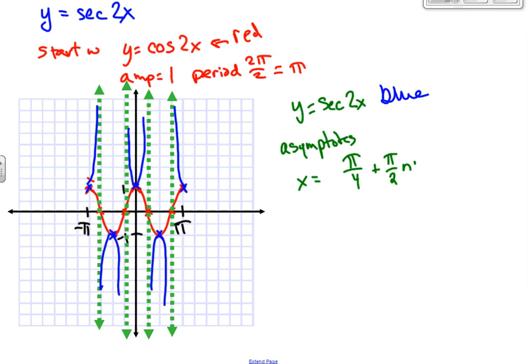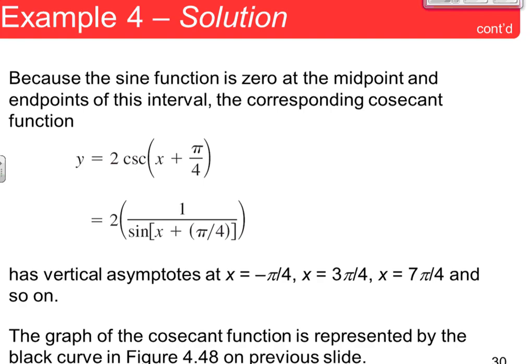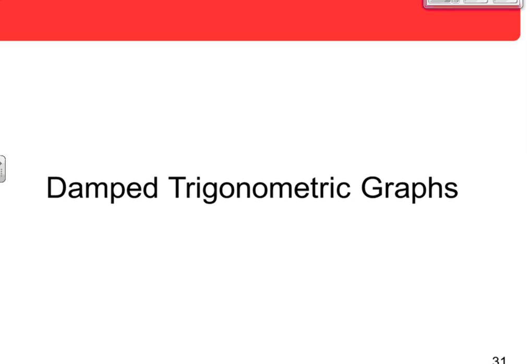Now we want to talk about damped trigonometric functions, and that's where we take a trig function and use it with the product of another function. So it might be linear, it might be anything. And I think if you were in math analysis, we maybe looked at damped functions like one day or something.